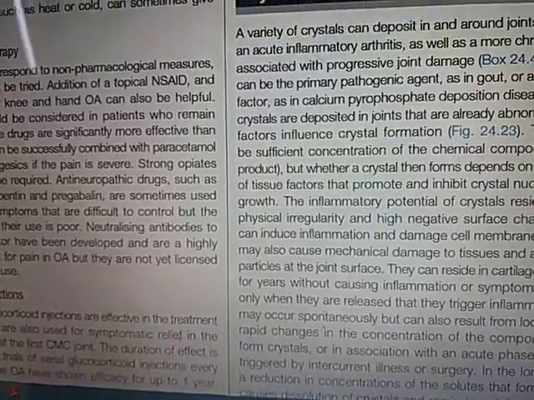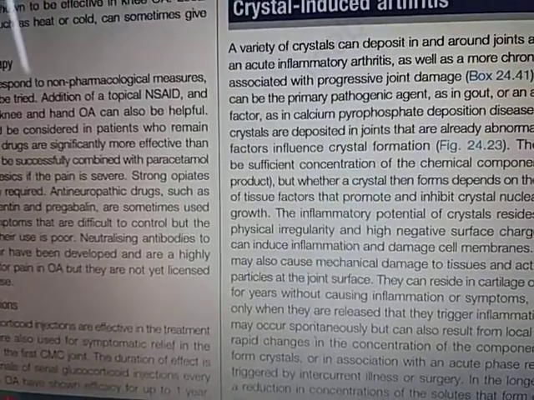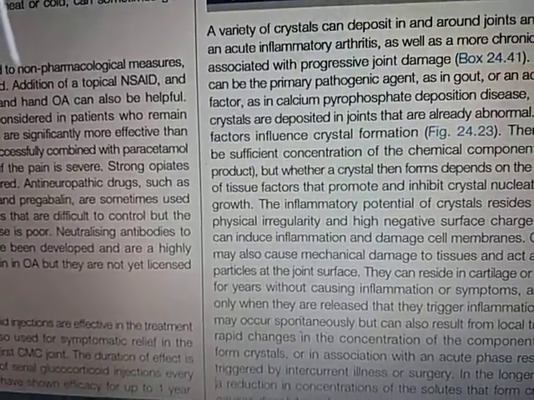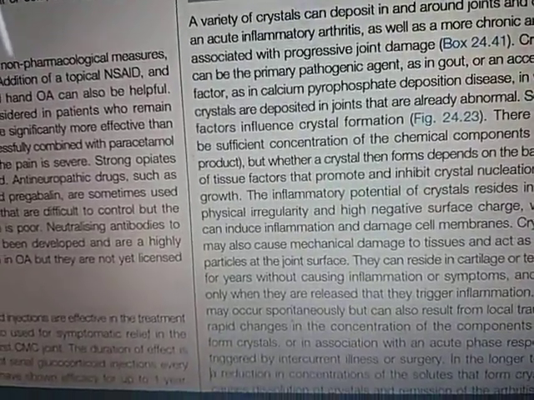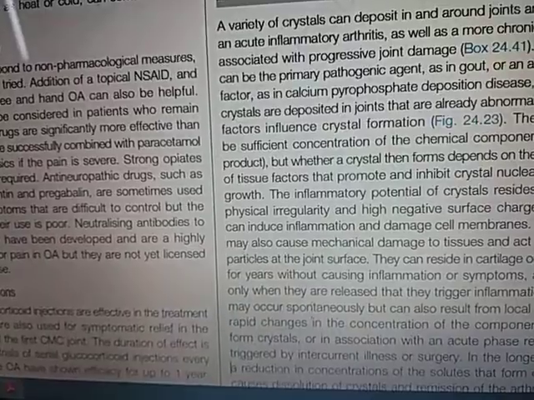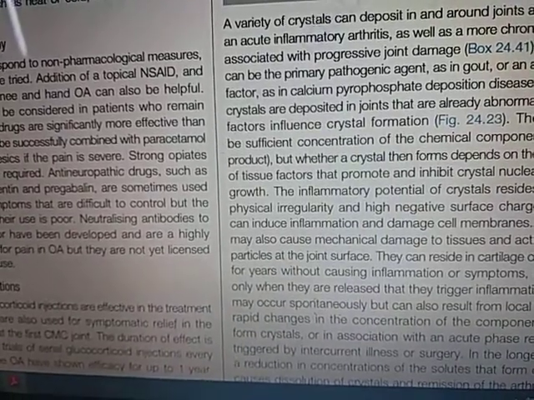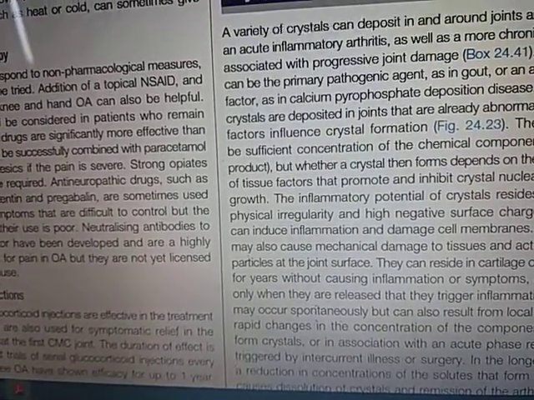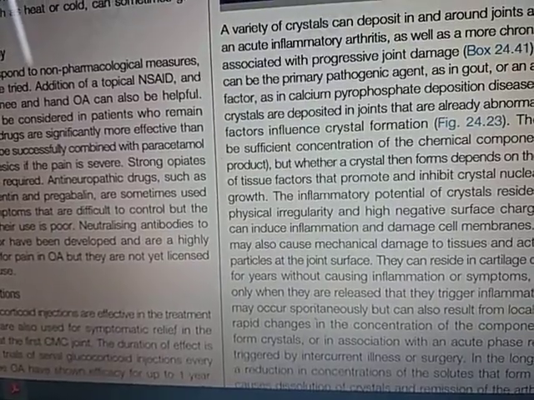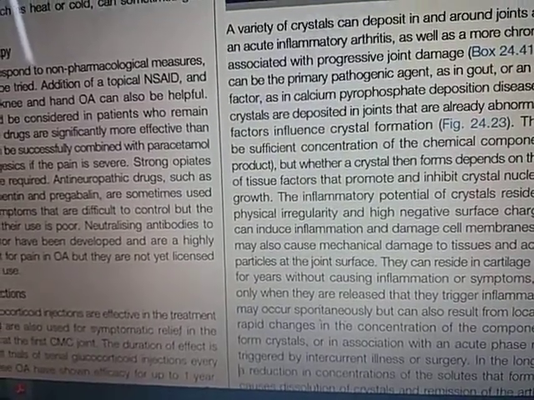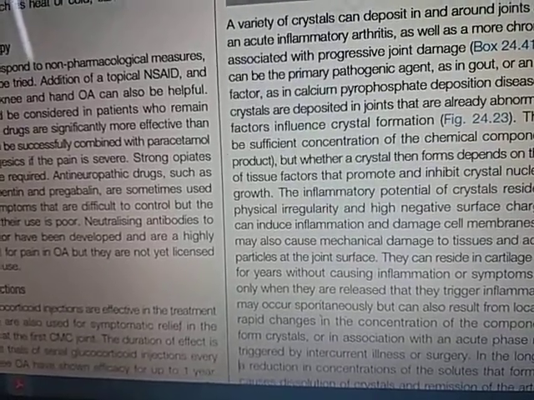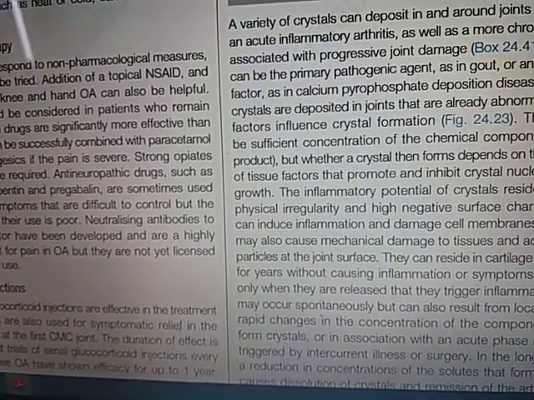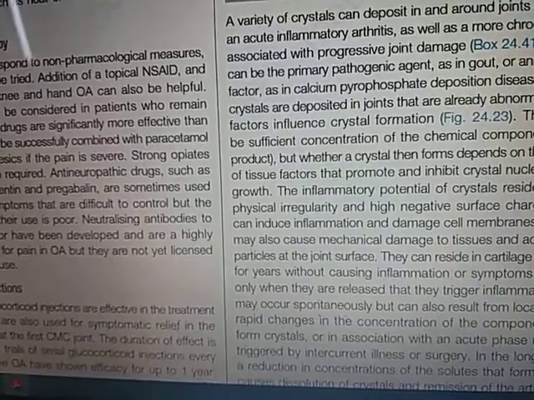So oral non-steroidals and oral paracetamol can be combined. One may use localized gels and ointments, non-steroidal ointments.